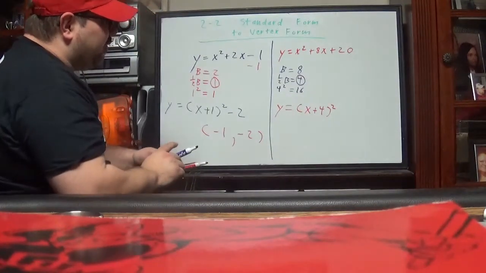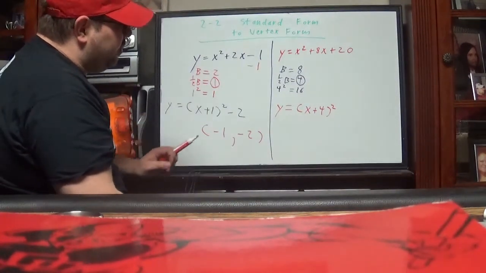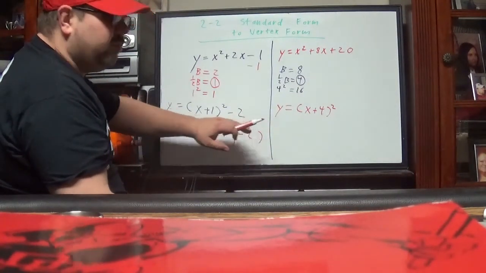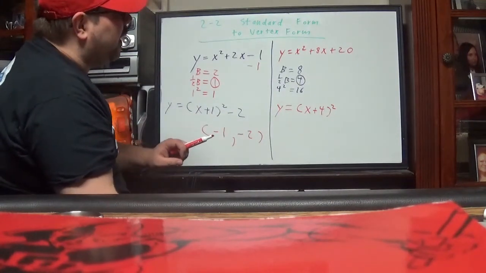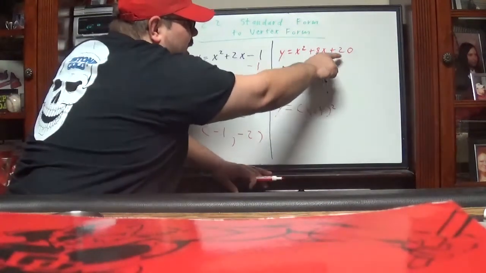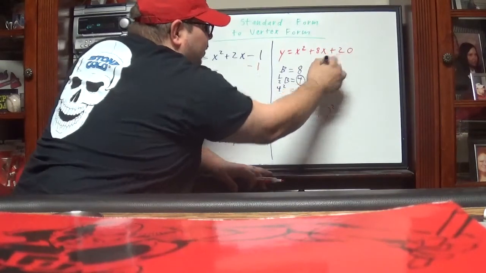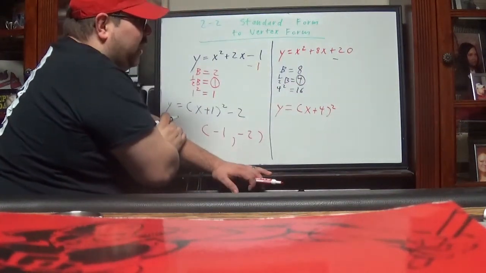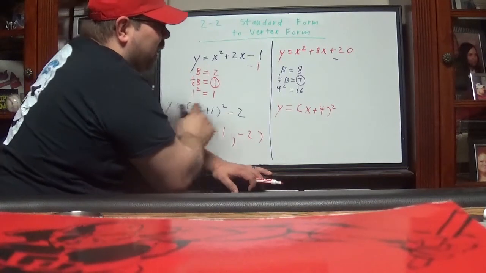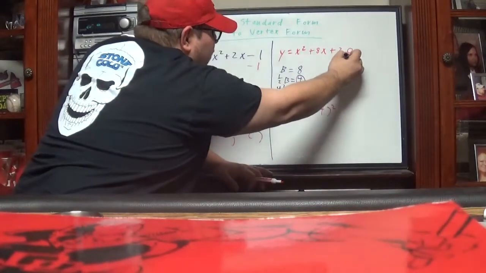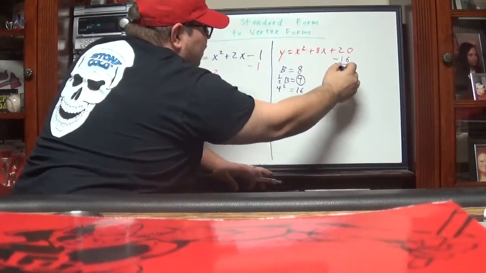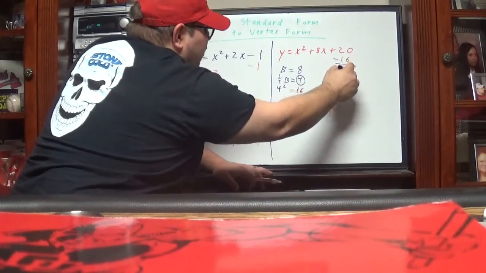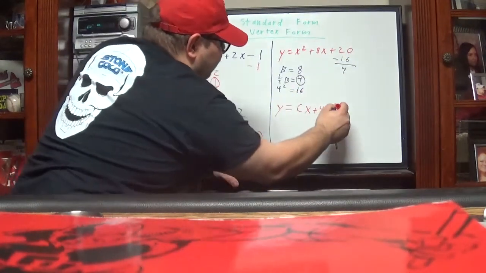And now I want to find the constant, and I'll do that by looking at the original constant. And again, I take the 16, which is the square, and I subtract that. So 20 minus 16, that is 4. So I'll do plus 4.